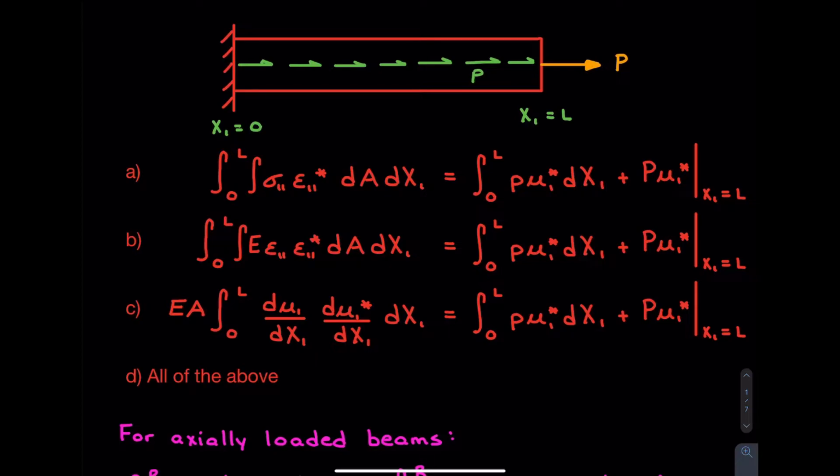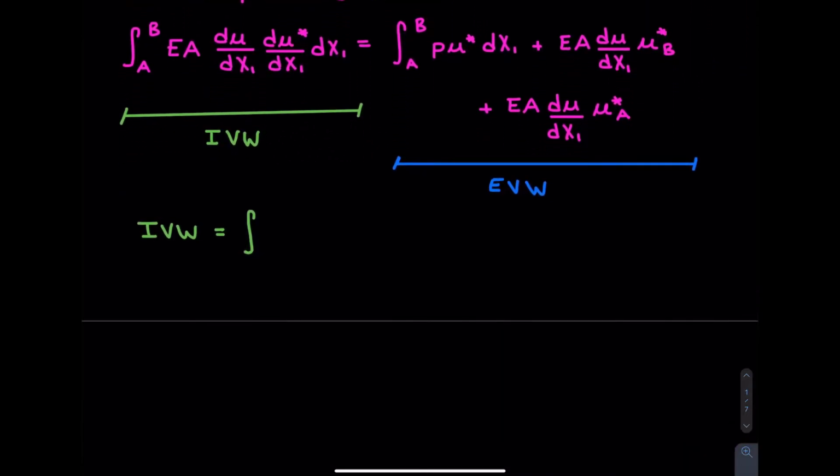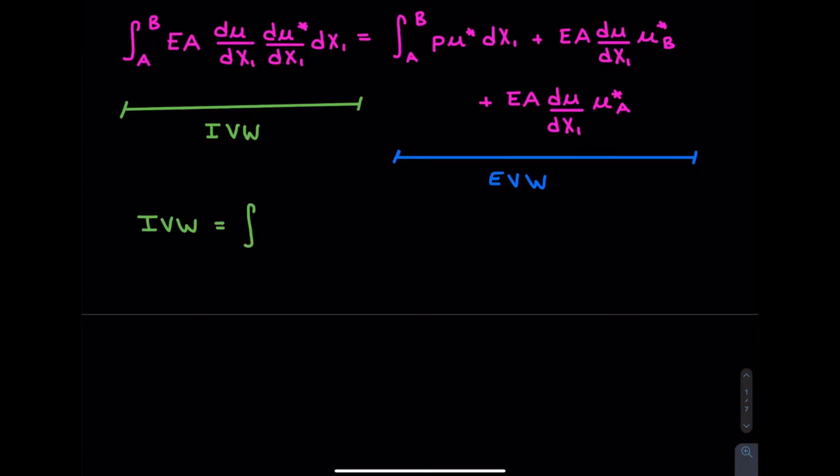So now that I know that it's nice and smooth, I can come down here and say that instead of my integral going from A to B, it is smooth all the way from 0 to L. So I'm taking the integral from 0 to L, and EA is just EA. Then we take the derivative of our displacement function, so du1 with respect to dx1.